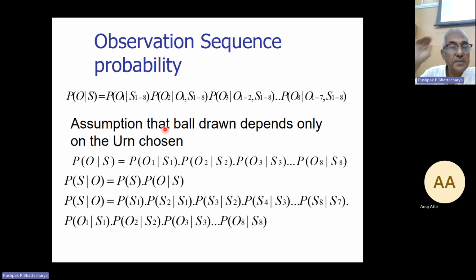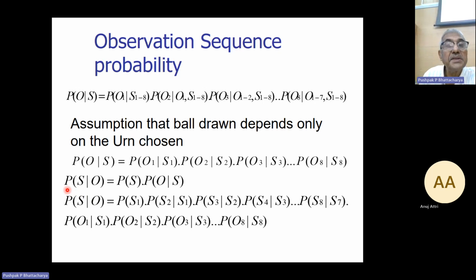So now we assume that the observation depends only on the state and nothing else, not previous observations and not any other state than the state currently being considered. So probability of O given S will be probability of O1 given S1, probability of O2 given S2, up to probability of O8 given S8. We are considering the observation RR, GG, etc., where there are 8 observations.